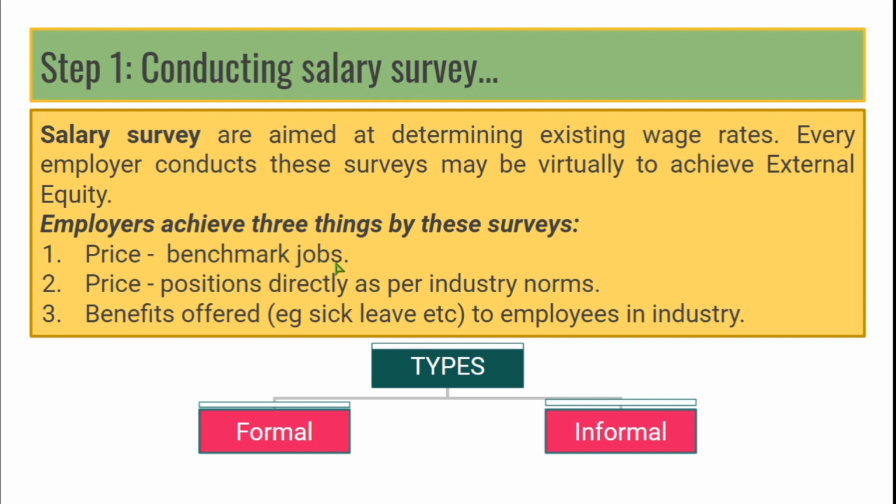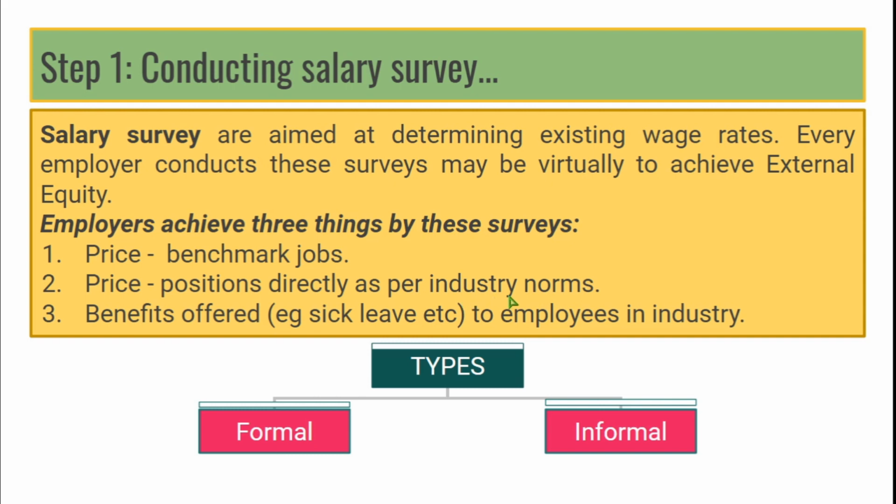Then we have to price positions directly as per industry norms. Here we give the same salary or remuneration as given in the industry. It is observed that 20% of the total jobs are priced at industry level by most companies or organizations.